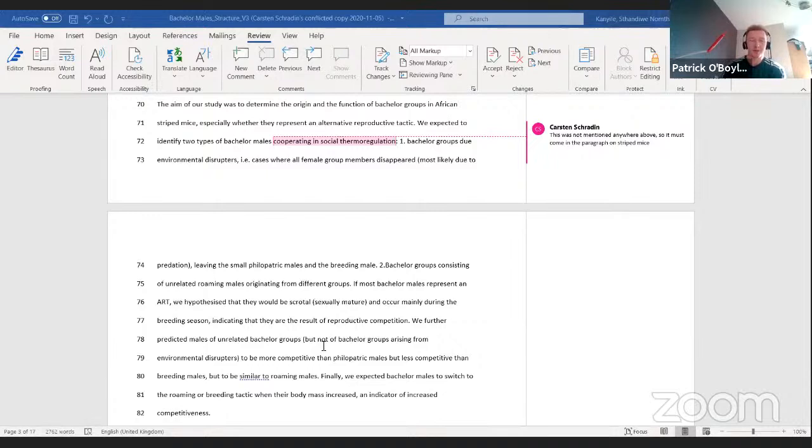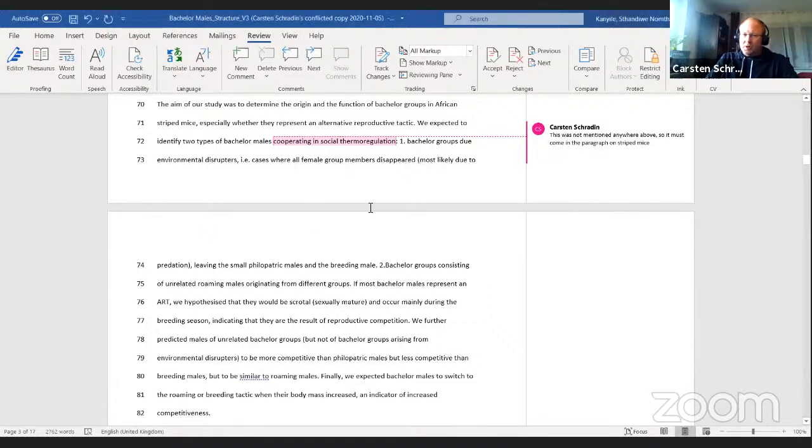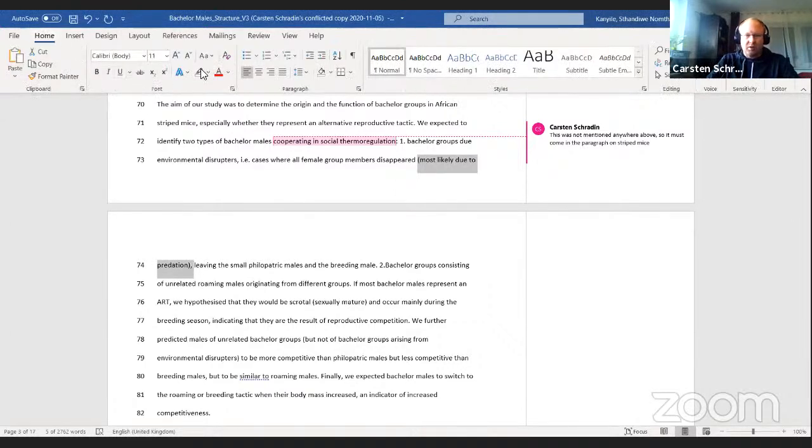Because I would omit that from the aims personally. Yes, I think you're right. We can delete this most likely due to predation. It's not needed here, and it's speculative. It's probably the case, but we don't know, so we don't have to mention why they disappeared. That's right. Taking this out will avoid one possible comment.